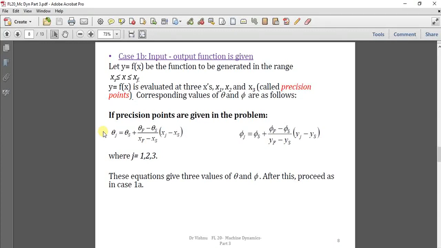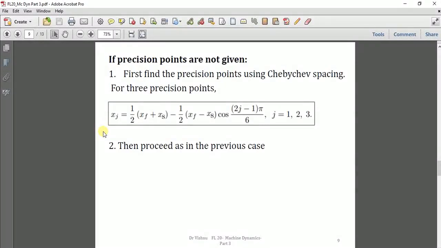If they did not give you these precision points, first thing is you have to find the precision points using what is called Chebyshev spacing. So this is the formula which is called Chebyshev spacing for 3 precision points.